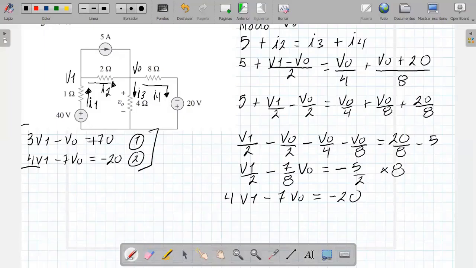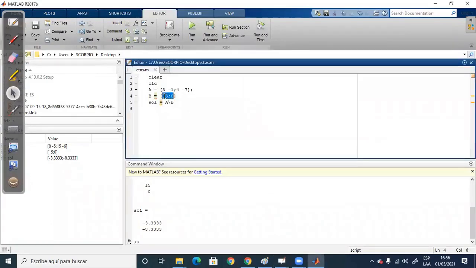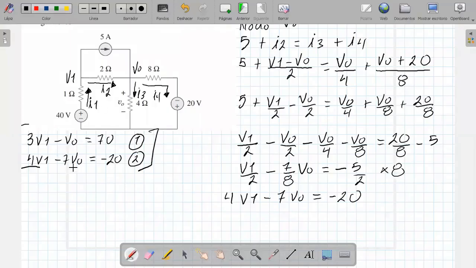Now the result matrix will be 70 and minus 20. I start the program and the solution will be A divided by B, where matrix A is 3 minus 1 and 4 minus 7, and matrix B is 70 and minus 20.